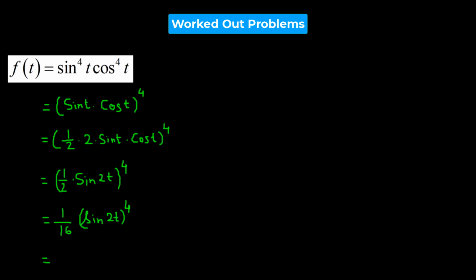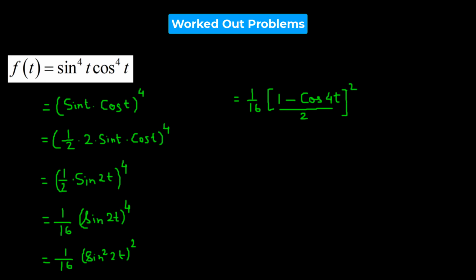So this can be rewritten as 1 over 16 sine squared 2t whole squared. Now sine squared 2t can be rewritten as 1 minus cosine of 2 times 2t, so that will be 4t, divided by 2, whole squared.